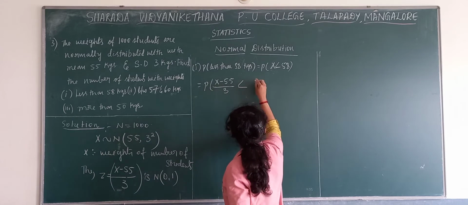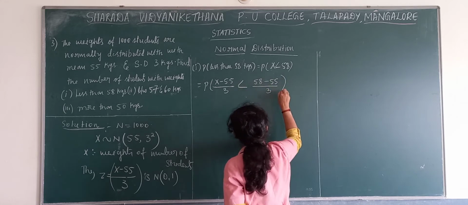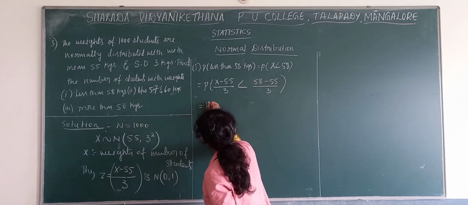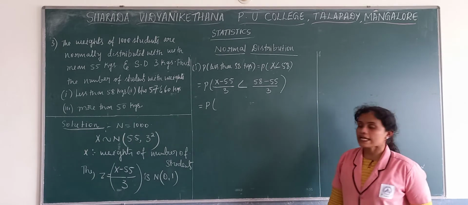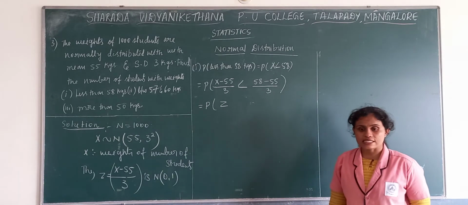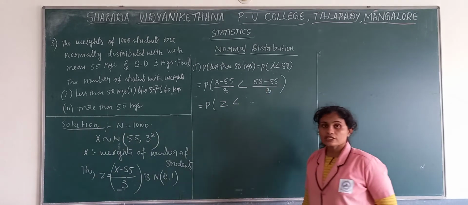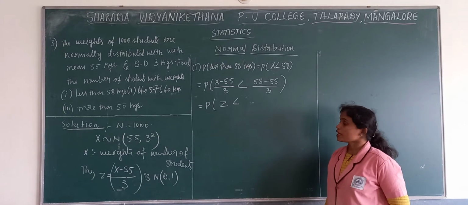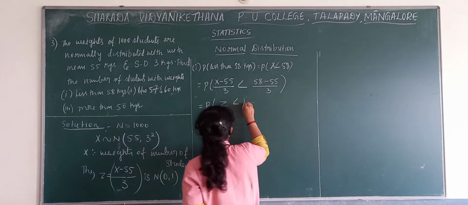Now substitute 58 into x, 58 minus 55 divided by 3. Here we are converting normal variate x into standard normal variate z is lesser than. Calculate the value, 58 minus 55 divided by 3, and you get 1.